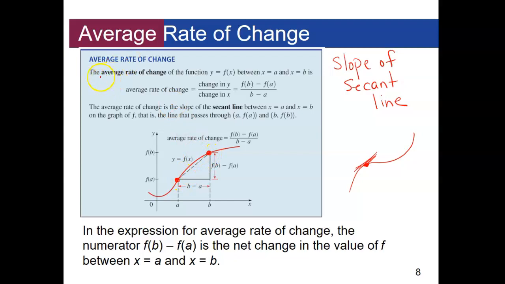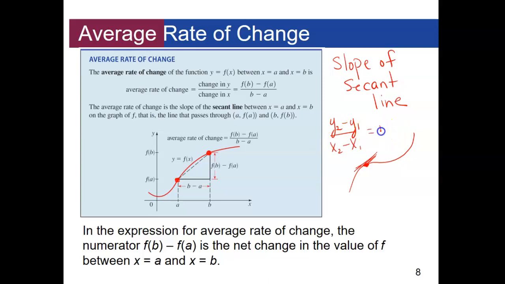So anytime you hear average rate of change, I want you to automatically think slope, because if you just make that connection between average rate of change and slope, this whole section is going to be much easier for you. Because with average rate of change, for our formula, we've got the change in the y's divided by the change in the x's. So basically y2 minus y1 over x2 minus x1.